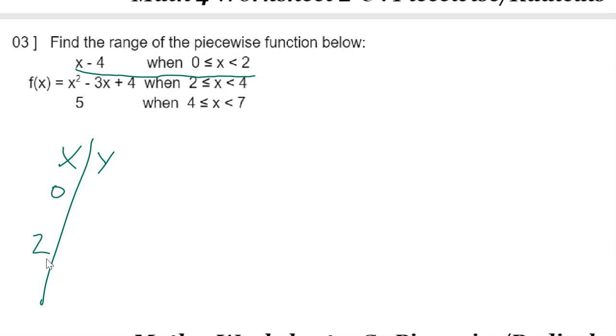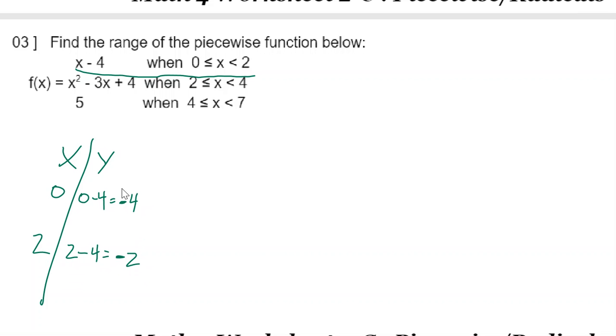Because our top and bottom of the range should be happening maybe at one of those. So when I stick a 0 in there, 0 minus 4 equals -4, and 2 minus 4 equals -2.